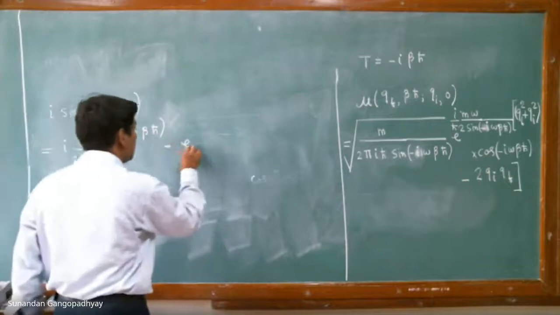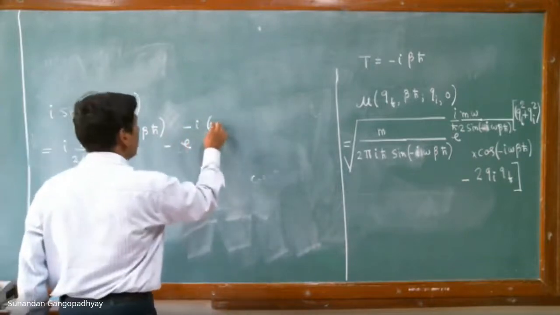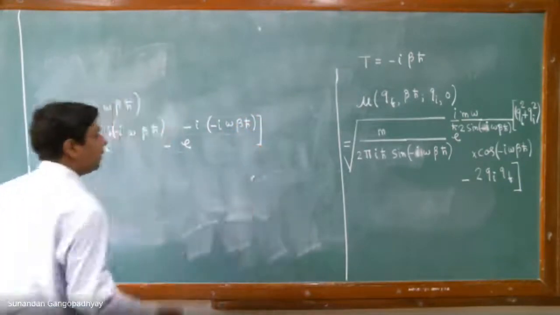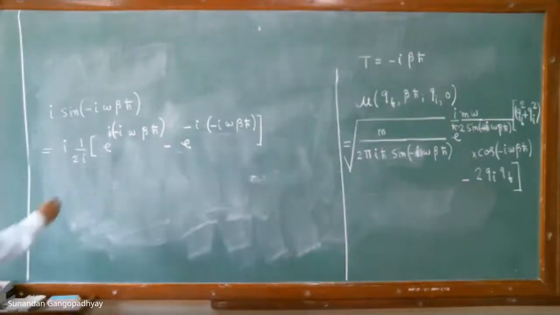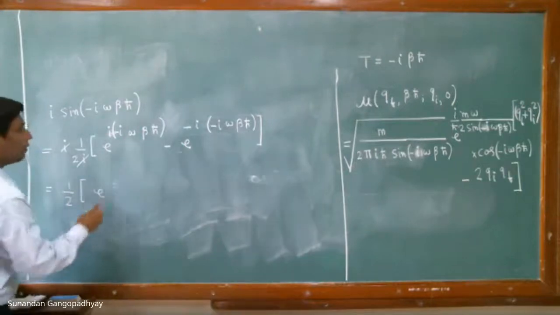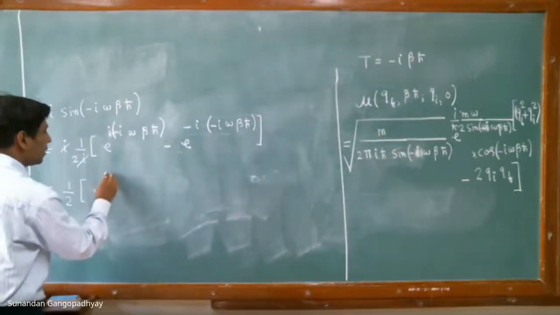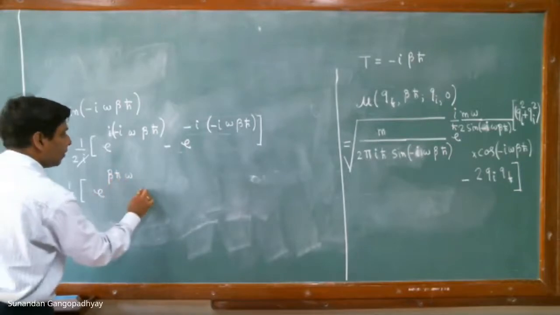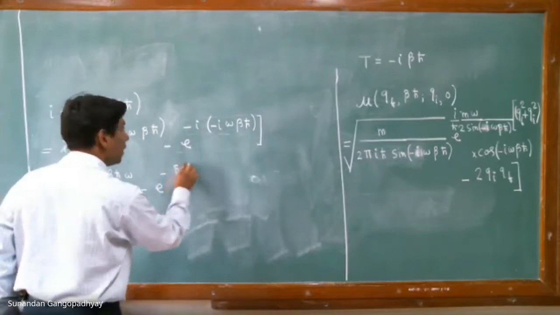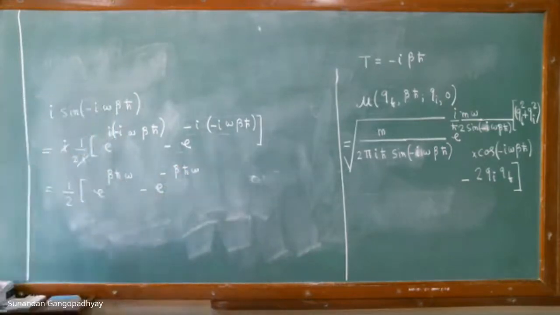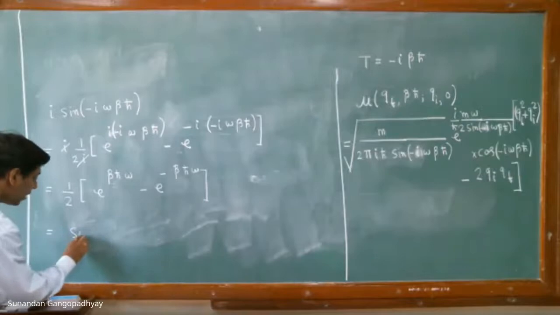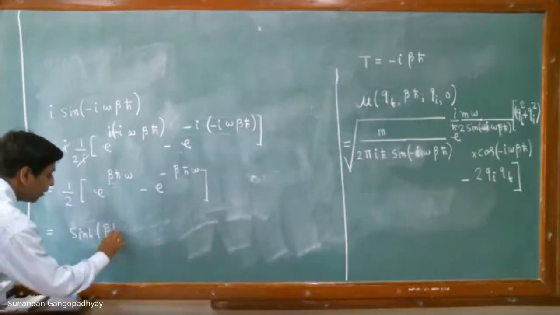So you have this minus I, and then once again minus I omega beta h bar. Okay, so that is what we have. This I and this I cancel, and therefore we have 1 by 2 e to the power of beta h bar omega minus e to the power of minus beta h bar omega, divided by 2, therefore this is nothing but sine hyperbolic of beta h bar omega.